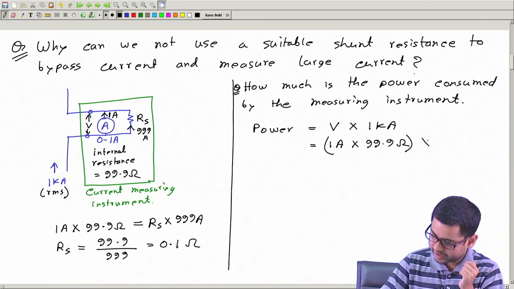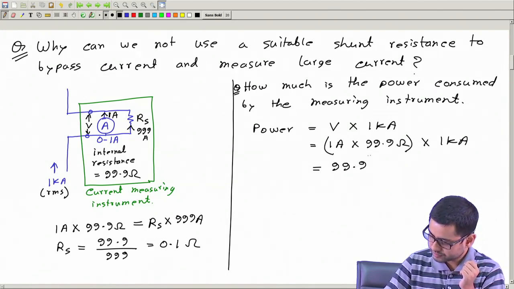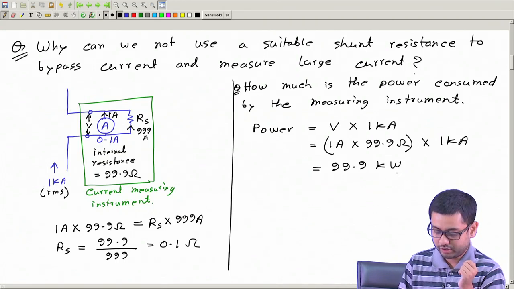This is V multiplied by 1 kiloampere. So then this is equal to 99.9 times 1000 watt, or we can write it as 99.9 kilowatt. This is a huge power being consumed.